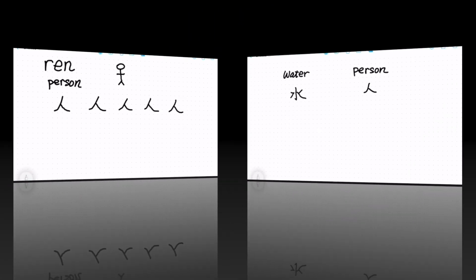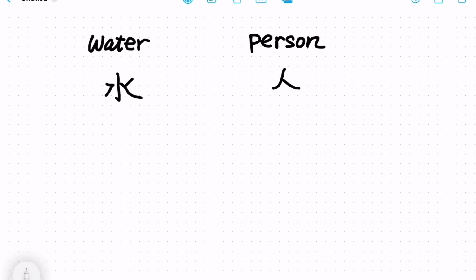Now you might be wondering, if the Chinese for water and person is written like this, what is the spelling of SHUI and REN? They are called pinyin. They are Latin alphabet representing Chinese sound. Chinese children learn pinyin so that they can read out loud a Chinese character.